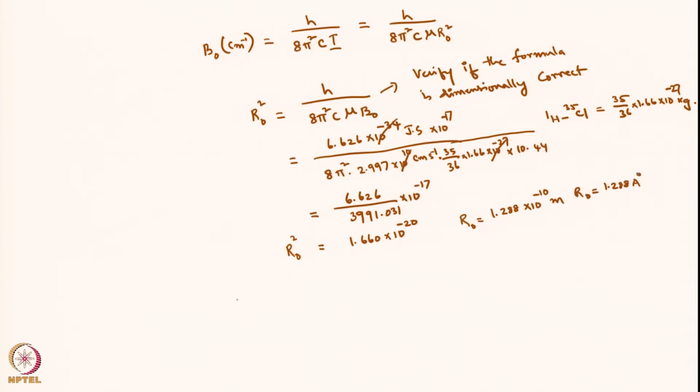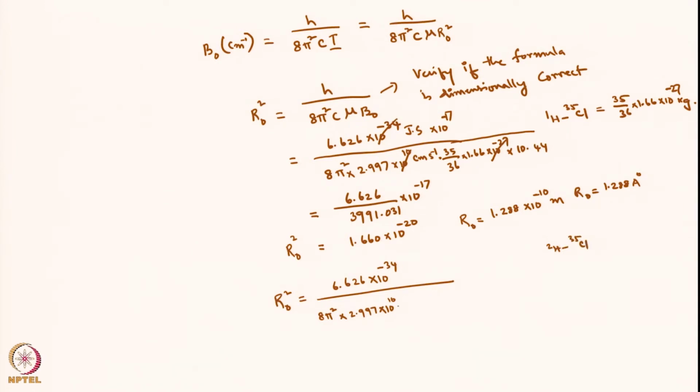Similarly, if I take the same value, R naught square is equal to 6.626 into 10 power minus 34 divided by 8 pi square into 2.997 into 10 power 10. Now, instead I take 2H35Cl, so the deuterium isotope DCl.